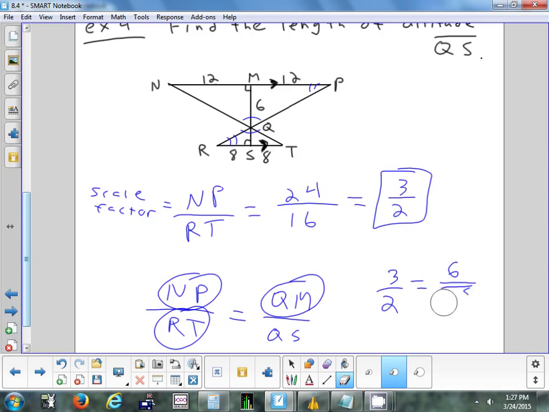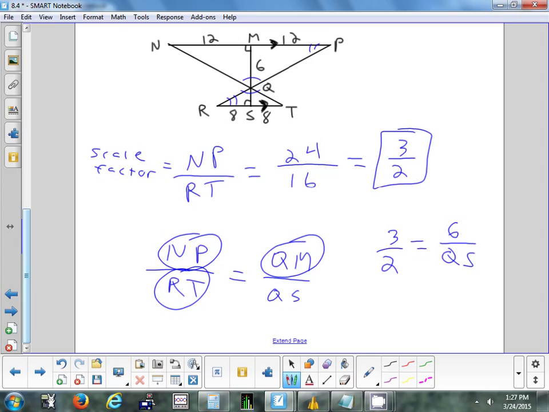Okay. You know what? Since I'm actually finding the length of it, I'm just going to put QS. Okay. Right, so cross multiply. 6 times 2 is 12. 3 times QS. So how long is QS? 4.